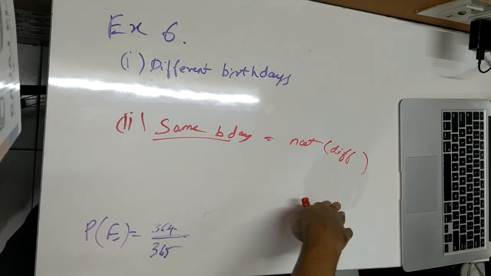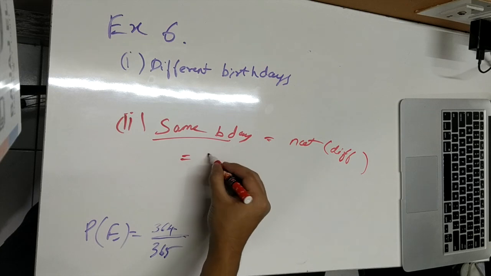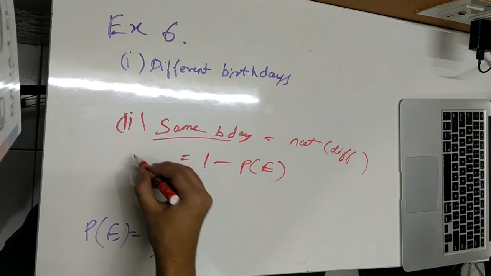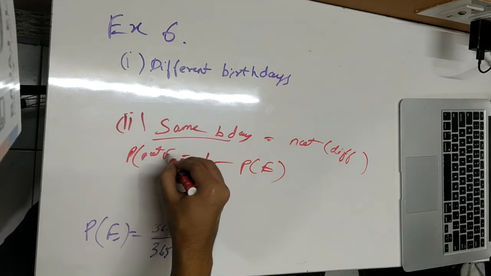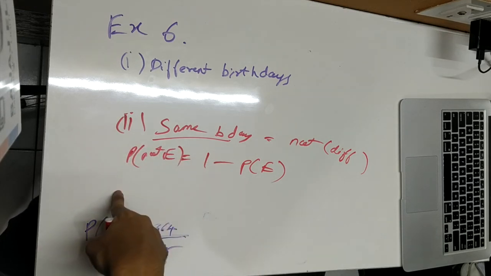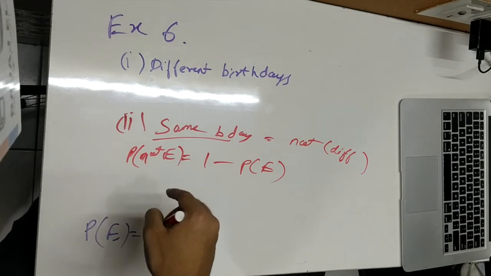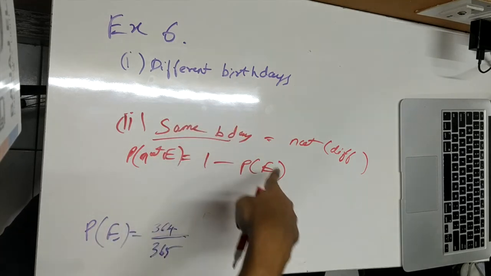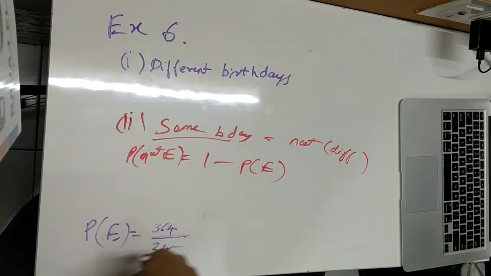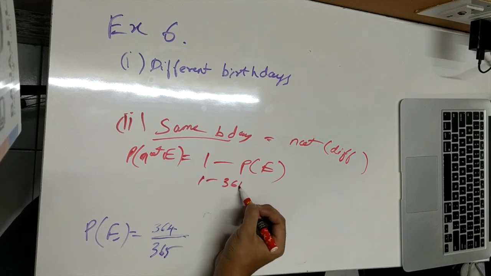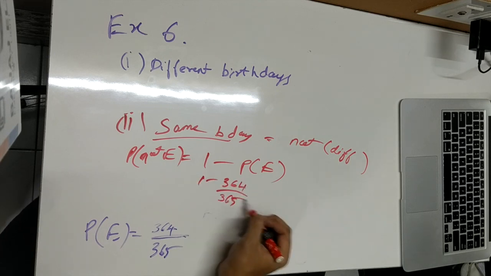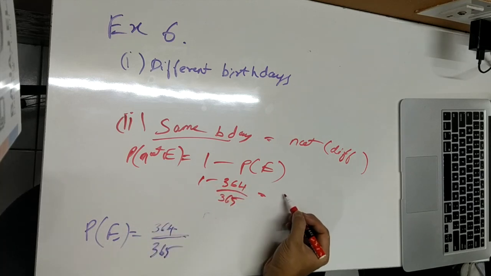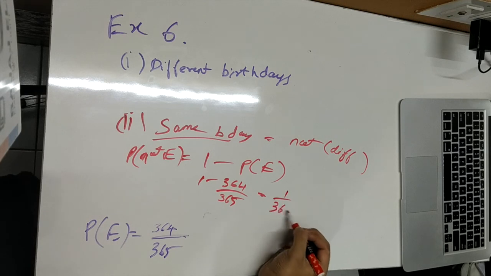Now the probability of not of that event, P of not E, will be 1 minus P of E. Correct, no? What is not E? That is not a different birthday, that is same birthday. So it is 1 minus 364 by 365, which is 365 minus 364 by 365. So it will become 1 by 365.